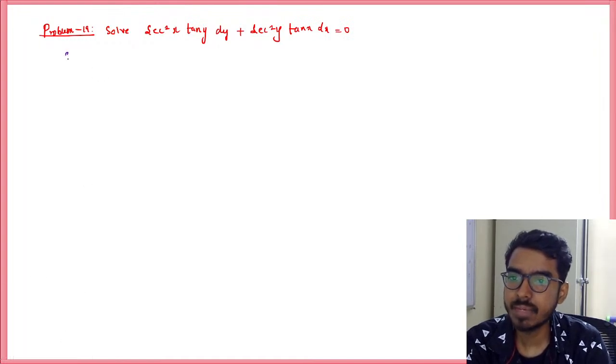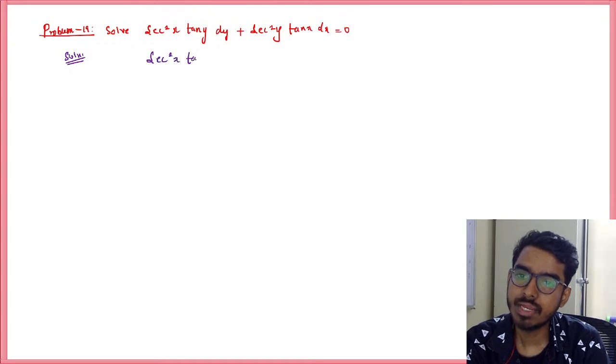Let's try to separate the variables first and then integrate. This will be secant square x tan y dy is equal to minus secant square y tan x dx.